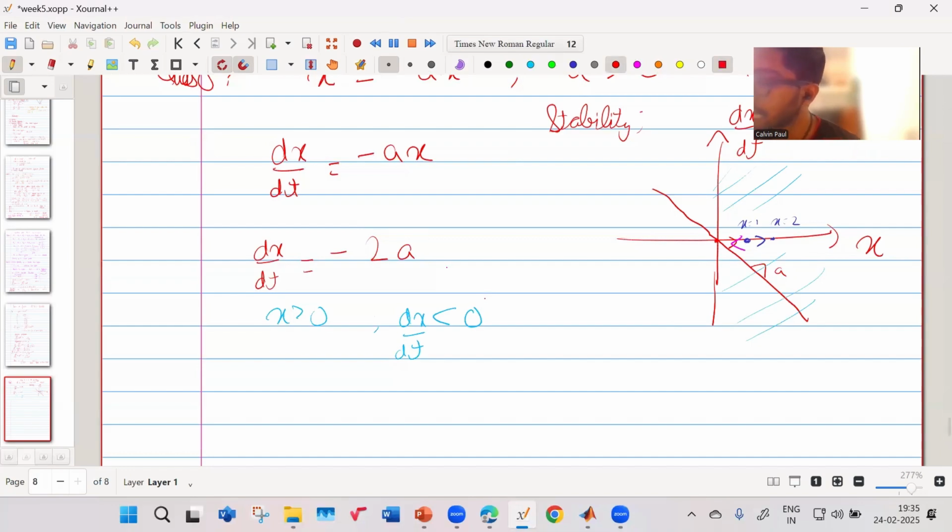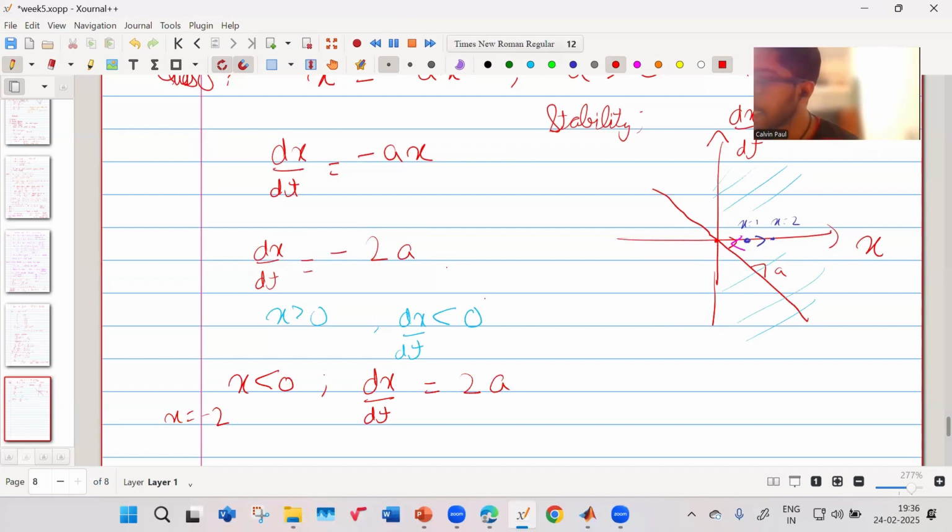Let us consider the case when x is less than 0. Let us consider x equal to minus 2. Then dx/dt will be equal to 2a. What does it mean?